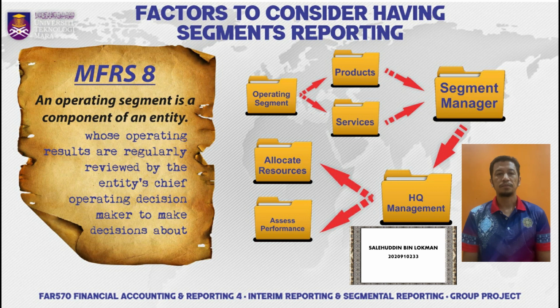Operating segment, then it goes to products and services, and it goes to the segment manager. Next is HQ management, and it is divided into two: allocate resources and assess performance.